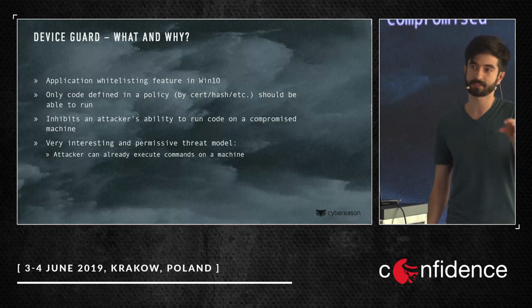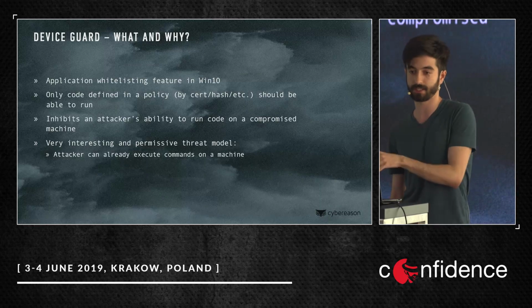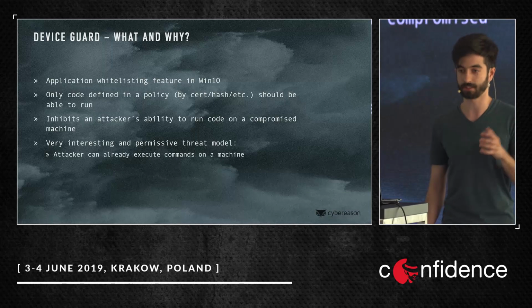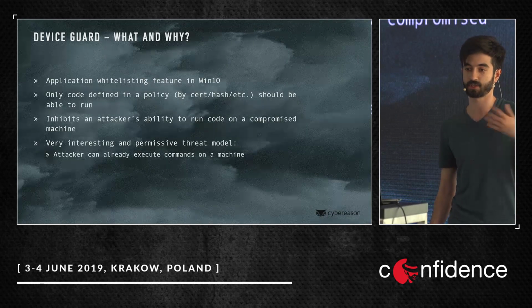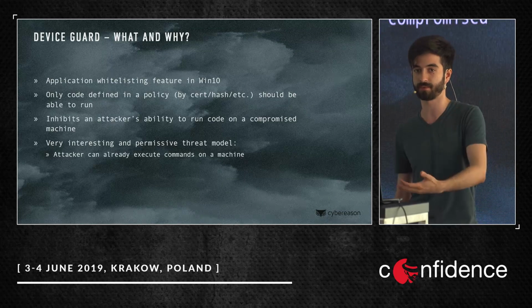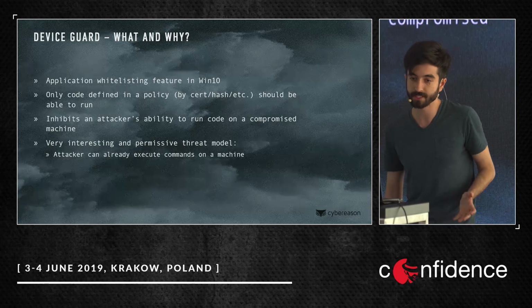And only this kind of allowed code that's explicitly mentioned in a policy could run on a machine. This type of feature inhibits an attacker's ability to run arbitrary code on a compromised machine, meaning that even if you are compromised, you still can't do anything you want on the machine.